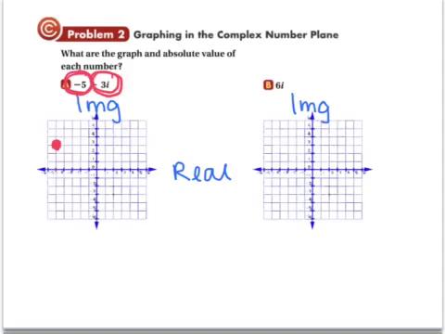Now, you don't necessarily have to draw the triangle. What I want you guys to think about is, what's the distance from that point to 0? And we can find that by taking the square root of -5 squared plus 3 squared.